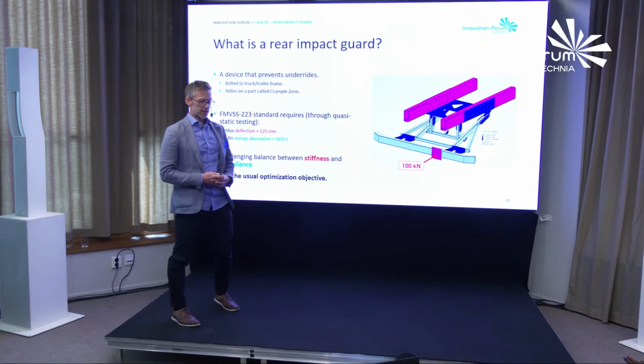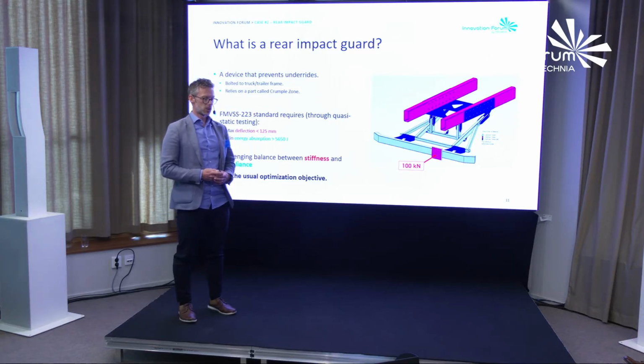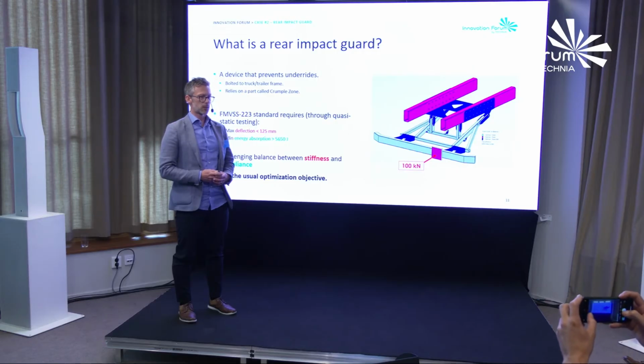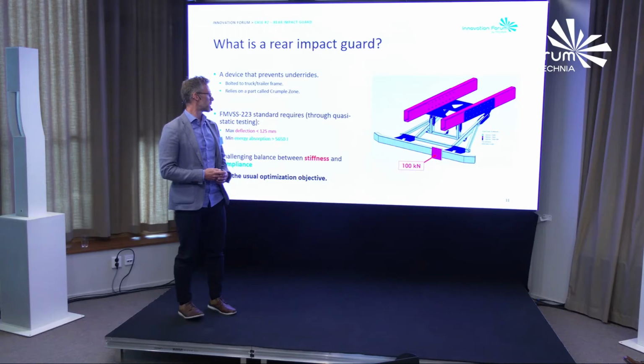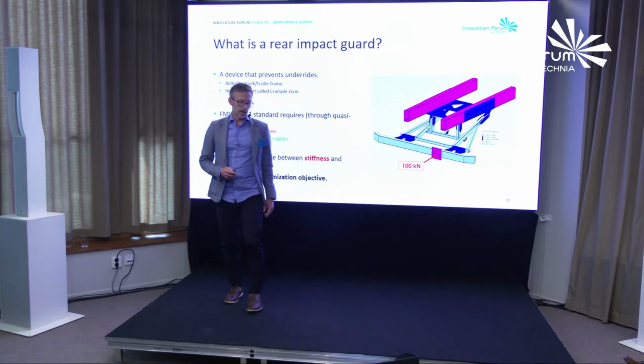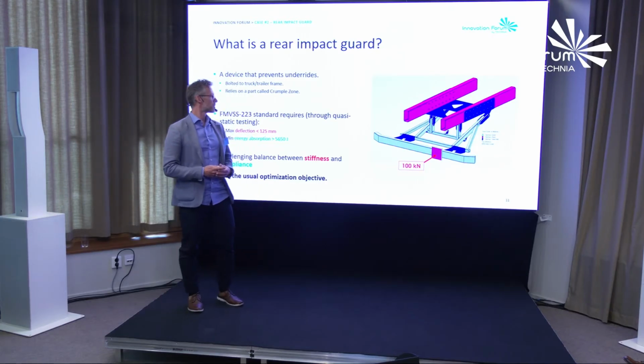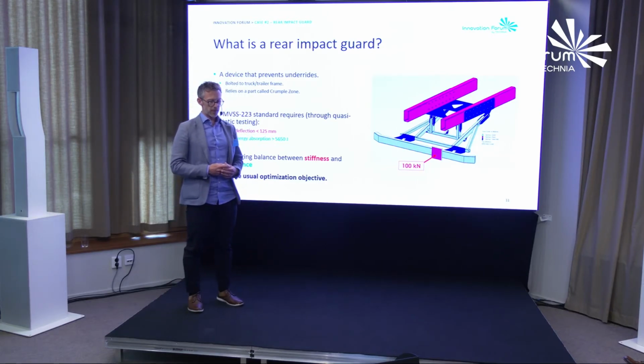It says that the max deflection when you test this should be less than 125 millimeters. The test is pushing here with 100 kilonewtons. At the same time, the minimum energy absorption should be above 5,650 joules.